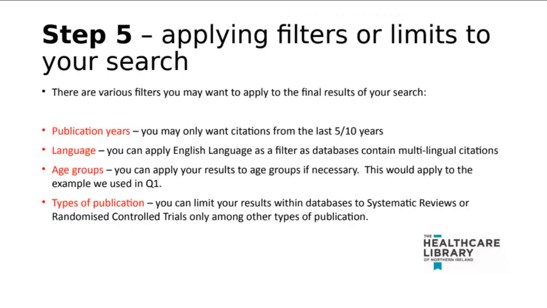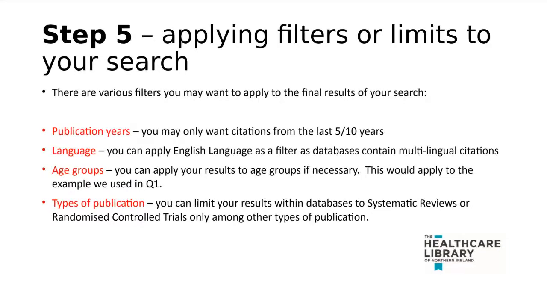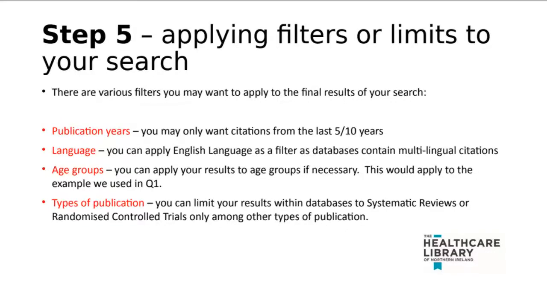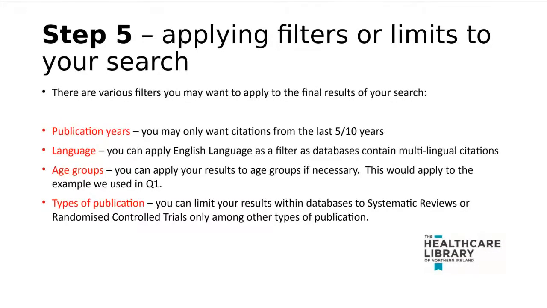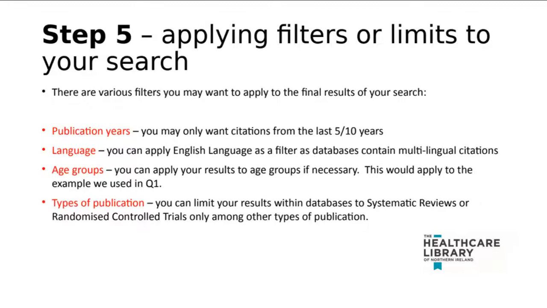The next step is to apply some filters or limits to your search. There are various filters you might want to apply to the final results of your search. Publication years. You may only want citations from the last 5 to 10 years or from a range of years. Language. You can apply English language as a filter, as databases do contain multilingual citations.